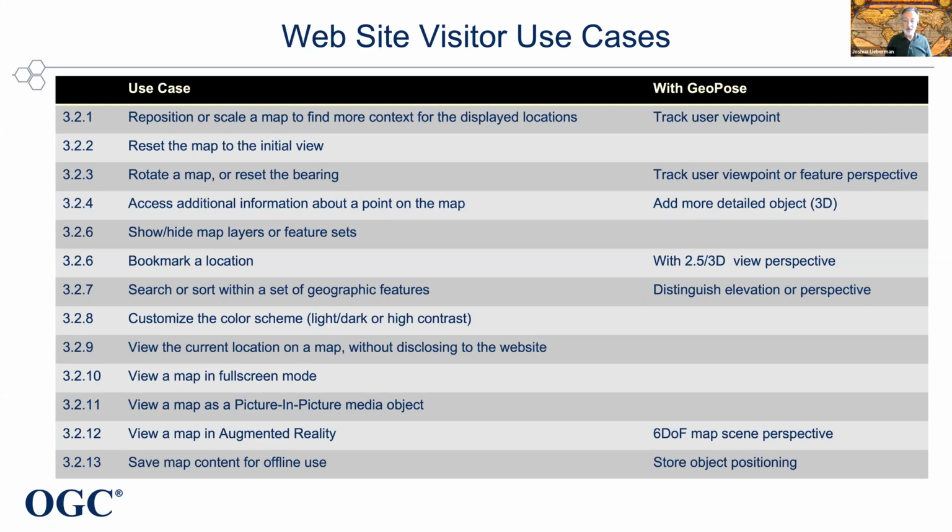And so even in a 2D map, the GeoPose information, what signs are facing me versus I'm not going to be able to see them, can be derived from the GeoPose information.